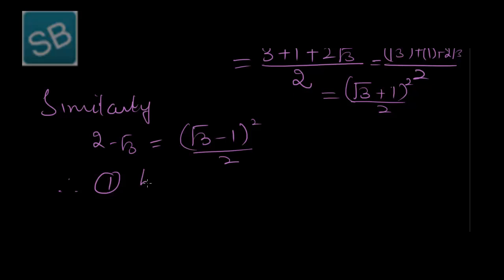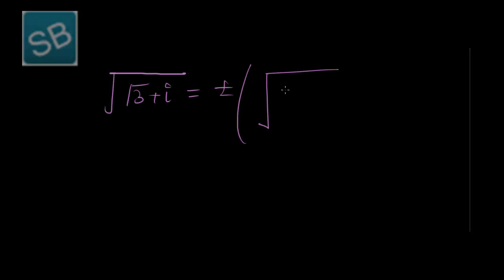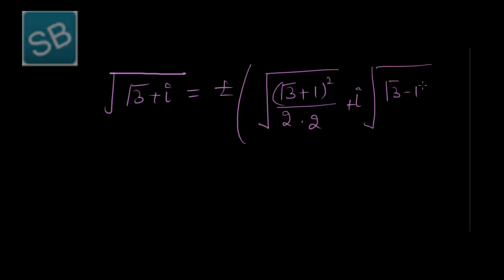Therefore, number 1 becomes: the square root of root 3 plus iota is equal to plus minus, we will replace 2 plus root 3 by root 3 plus 1 whole square over 2, plus iota root of root 3 minus 1 whole square over 2.